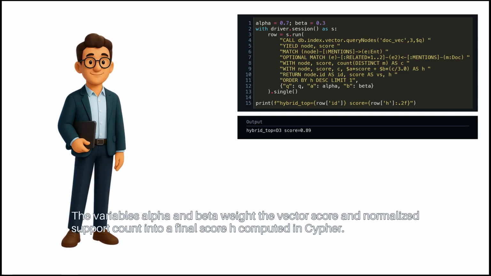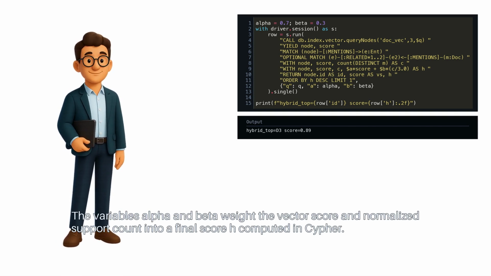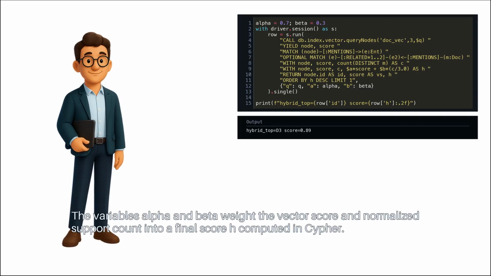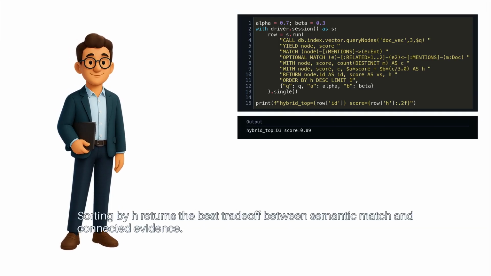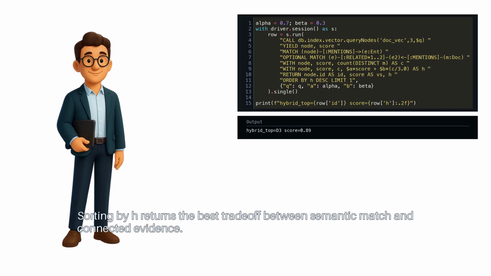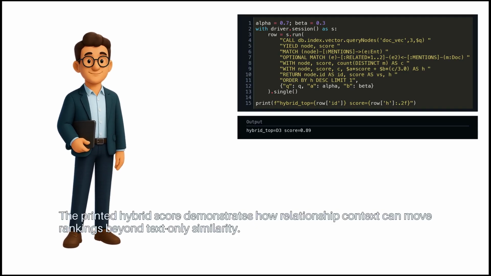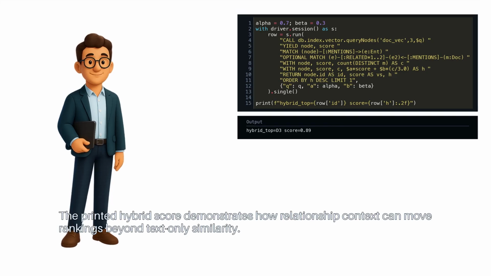The variables alpha and beta weight the vector score and normalize support count into a final score H, computed in Cypher. Sorting by H returns the best trade-off between semantic match and connected evidence. The printed hybrid score demonstrates how relationship context can move rankings beyond text-only similarity.